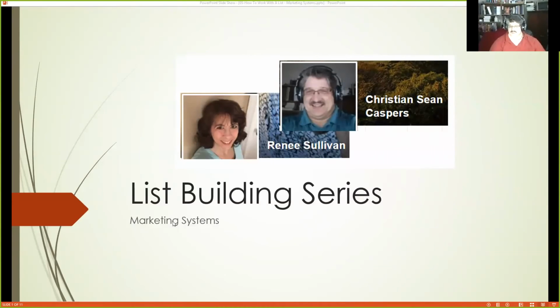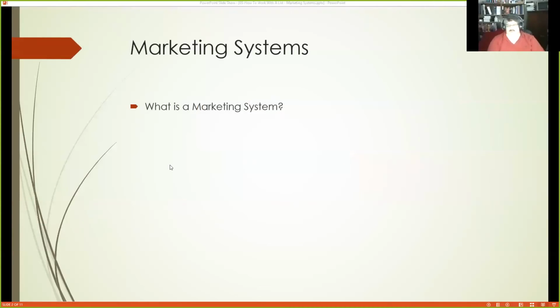All right, so what is a marketing system? It's a good question. So what we talked about earlier was creating a list, being able to capture a prospect's email and sometimes their name or first name, and it goes into the marketing system.